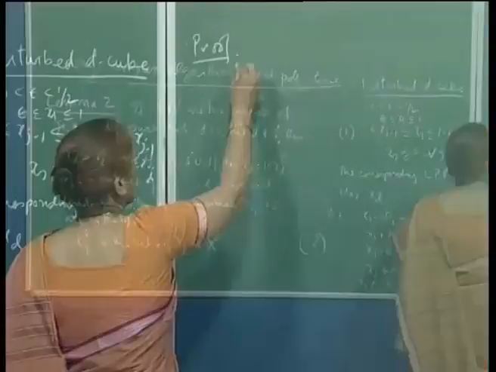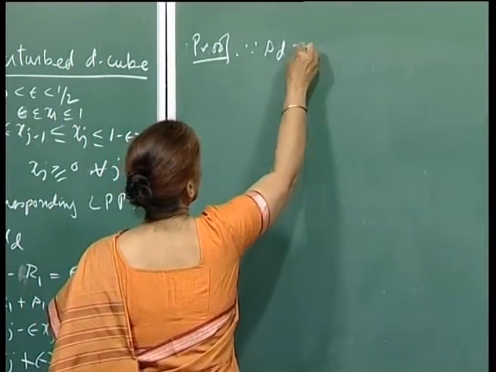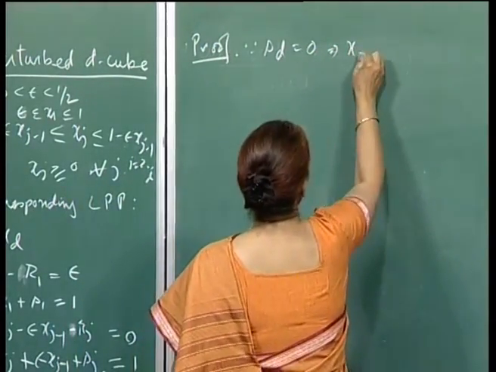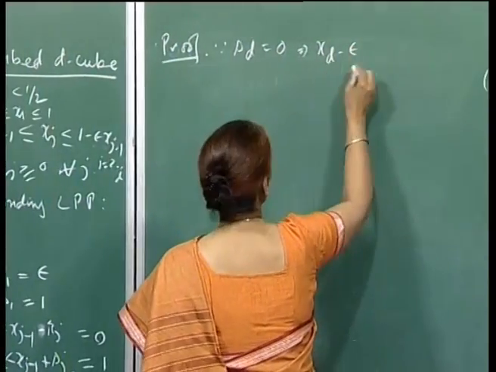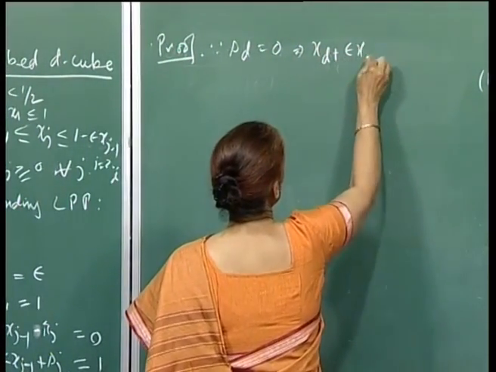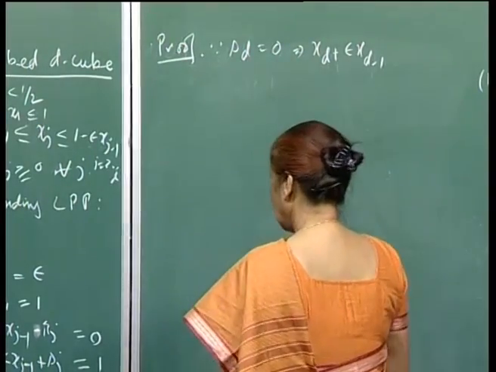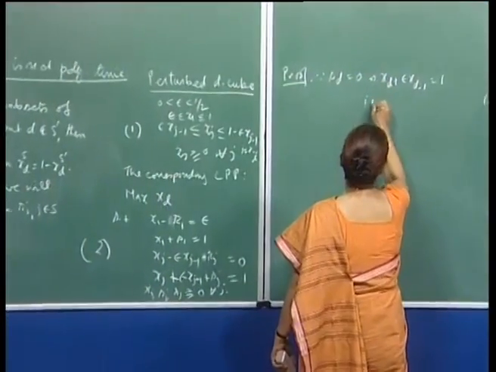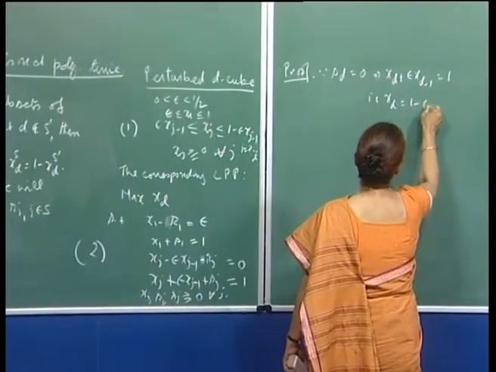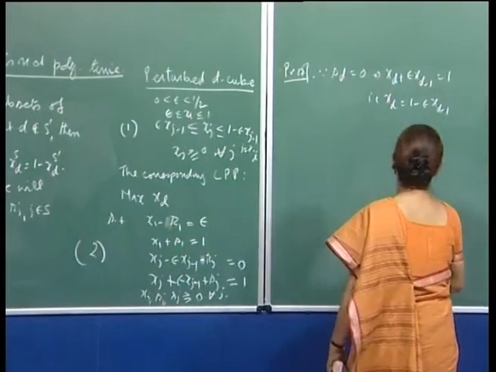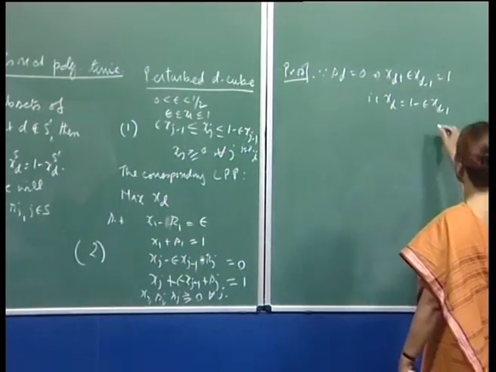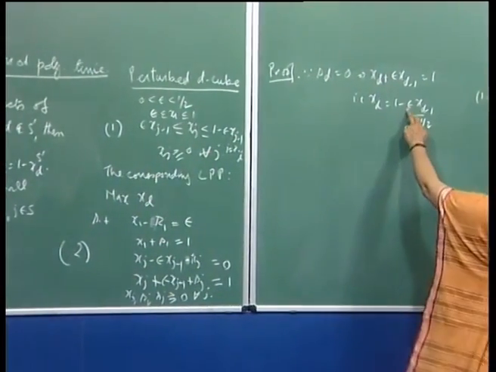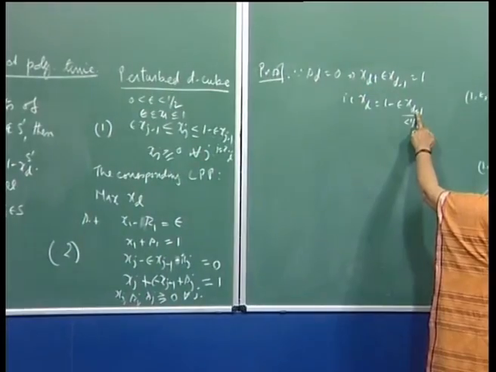Since S_d is 0, this implies from the last constraint that x_d plus epsilon x_{d-1} is equal to 1, that is, x_d is equal to 1 minus epsilon x_{d-1}. And epsilon x_{d-1} is less than half, as I have been showing you already, because epsilon is less than half and x_{d-1} is less than or equal to 1.